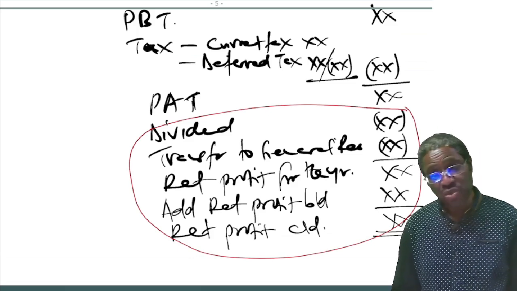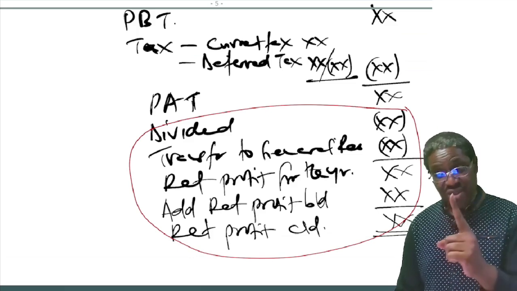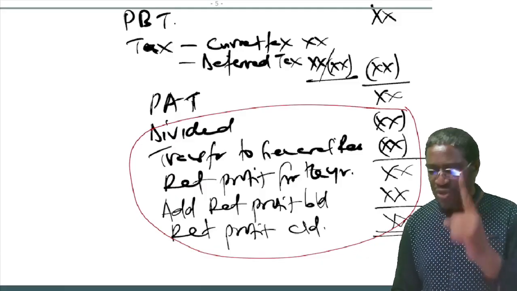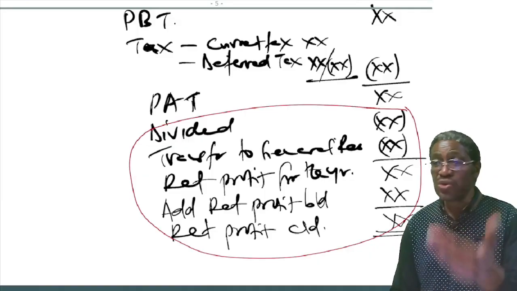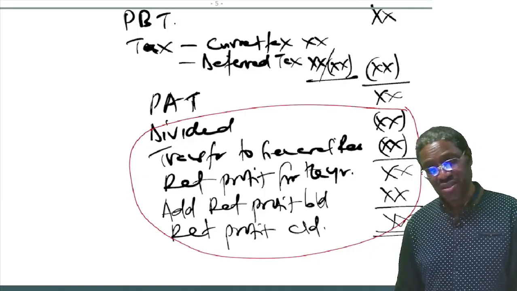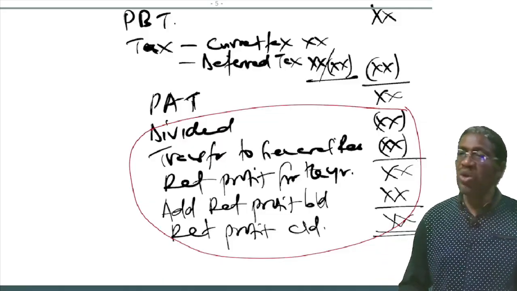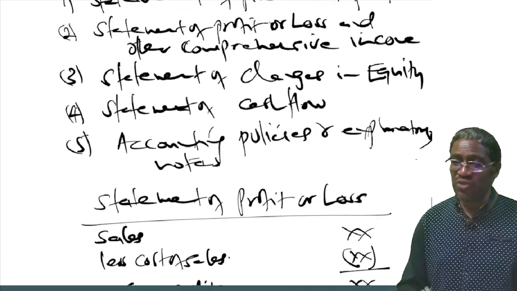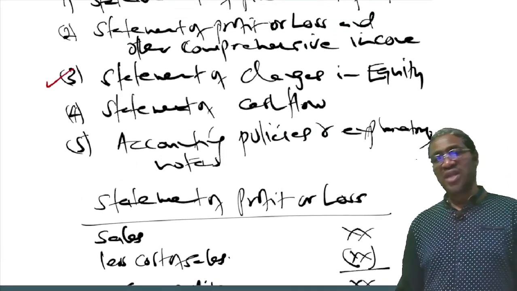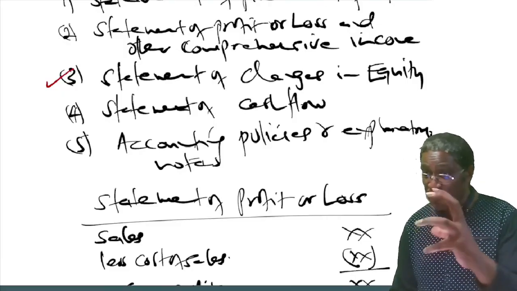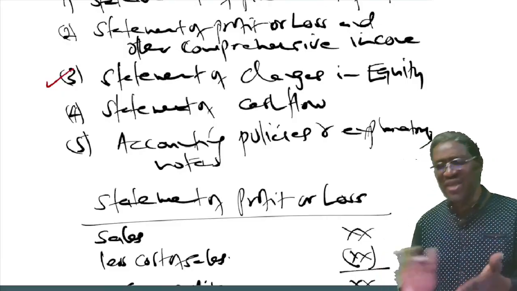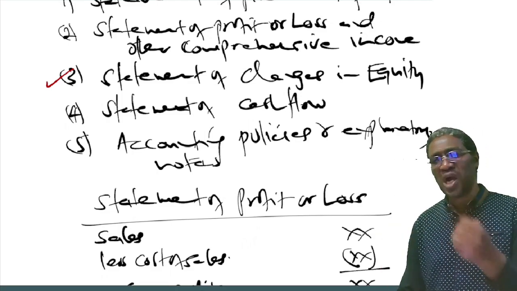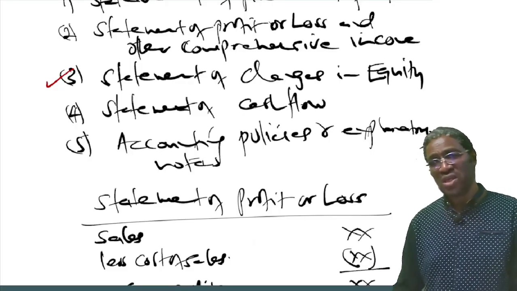But for publication purposes, the requirement is that you do not show the appropriations of the profit on the face of the income statement. All these appropriations will be done somewhere, and that is where we call the statement of changes in equity. It is there that you will appropriate the profit, with the same things: dividend, transfers to reserves, retained brought down, retained carried down. All that will go to the statement of changes in equity.